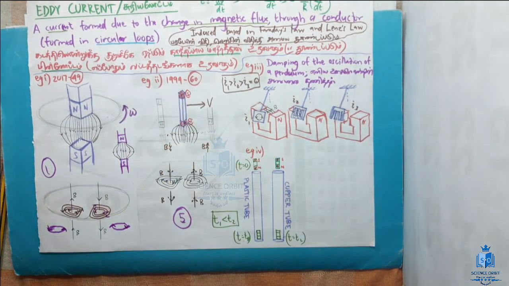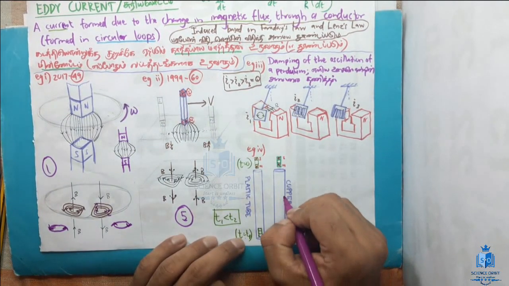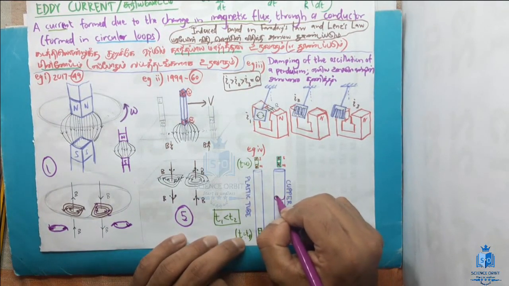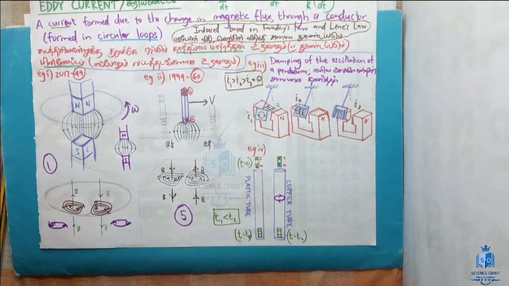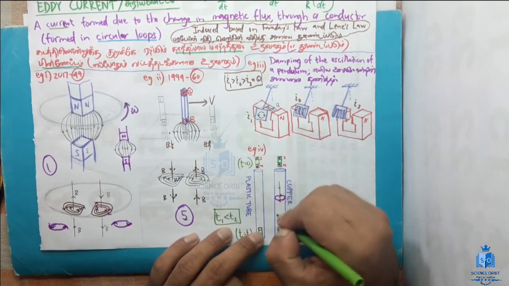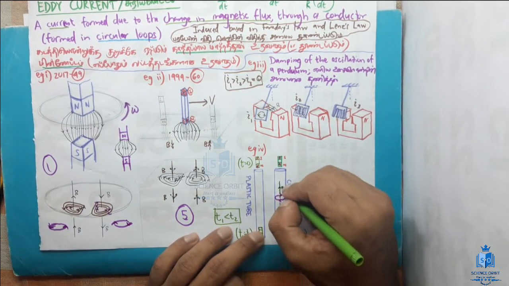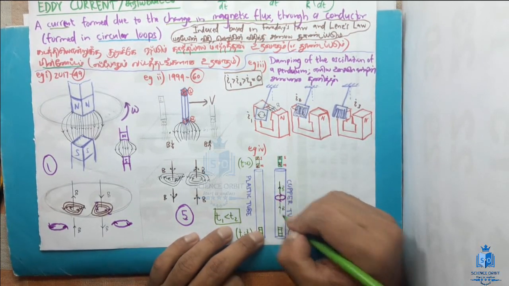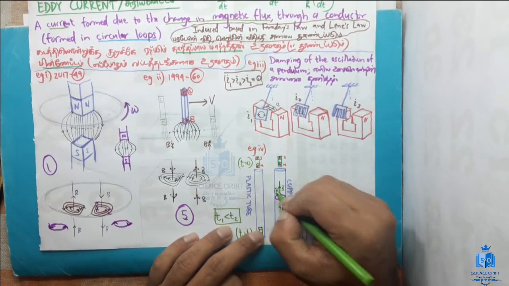So an eddy current will be formed along the copper tube's wall in this direction, so that a magnetic field can be created in this direction. Okay, an induced magnetic field B. And if the magnetic field is like this, you see this is north and this is south, correct?